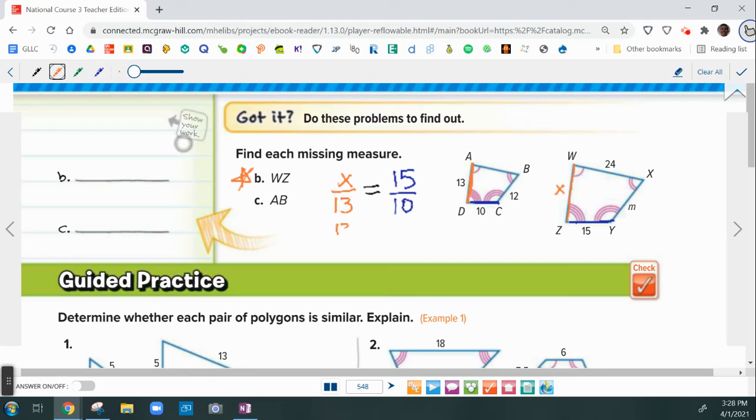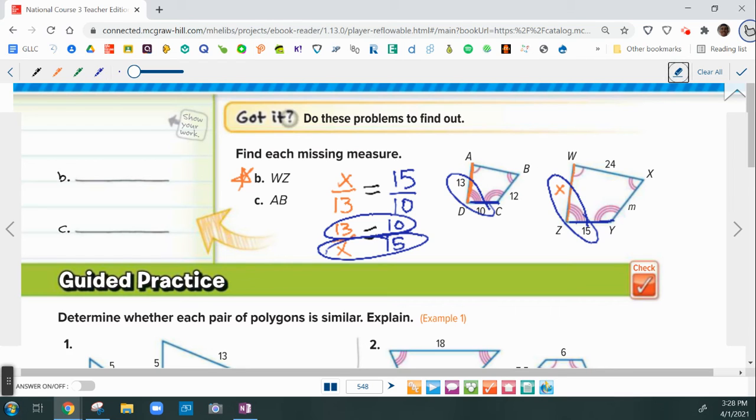You could have also said 13 over x equals, what would have to happen? If I flip one, I got to flip the other. The top numbers have to be from the same shape. So see, they're from the same shape there. And the bottom numbers have to be from the same shape. And you can see that they're both from there.